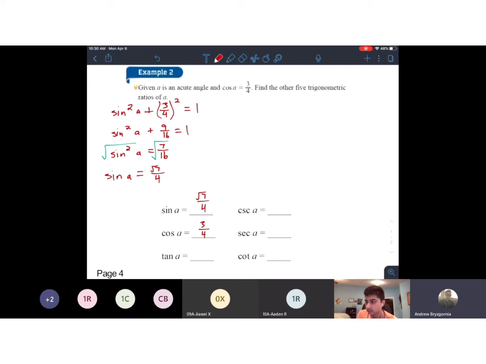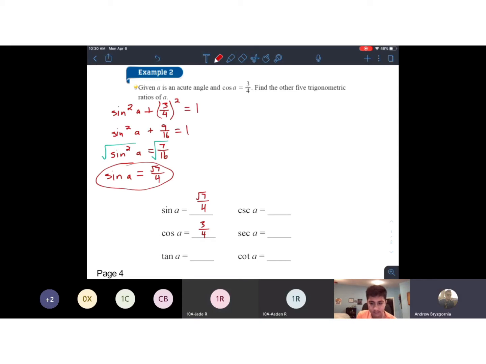Okay. Can somebody then tell me what will cosecant be equal to? Root 7 over 7. Oh, wait, no. You're close.